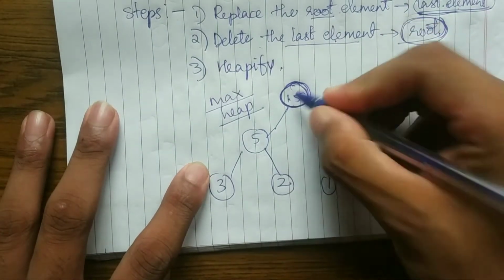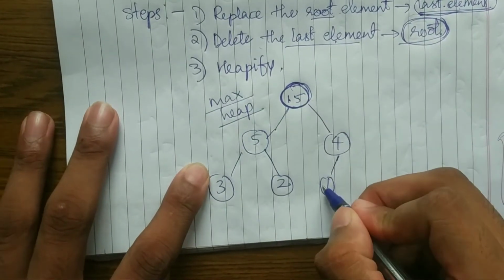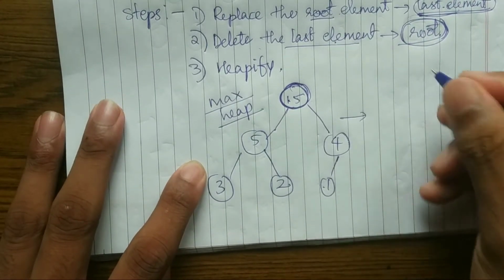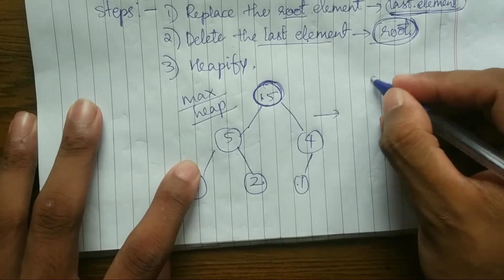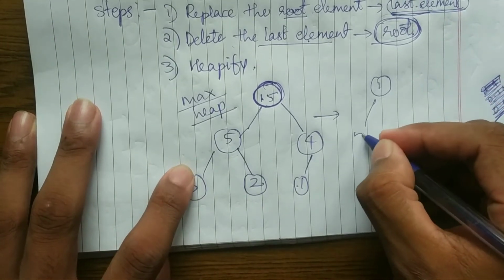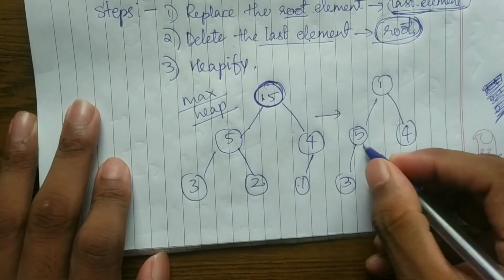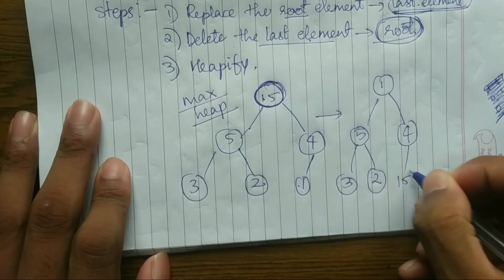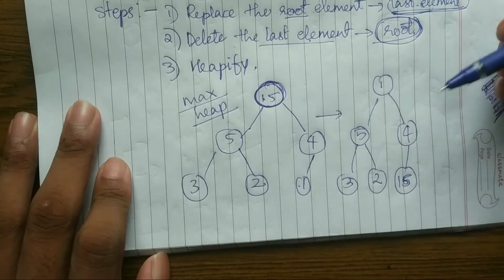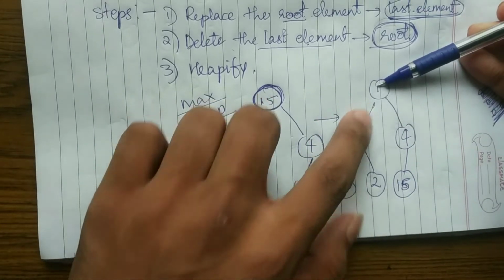We will replace this 15 by the last element. So after replacing this with the last element, this will be 1, this will be 5, this will be 4, and this will be 3, and this will be 2, and this will be 15. So now we replace the root element with the last element.